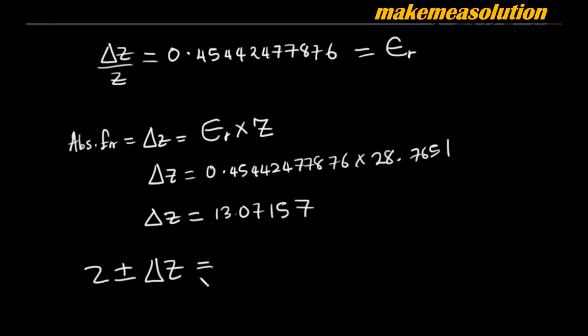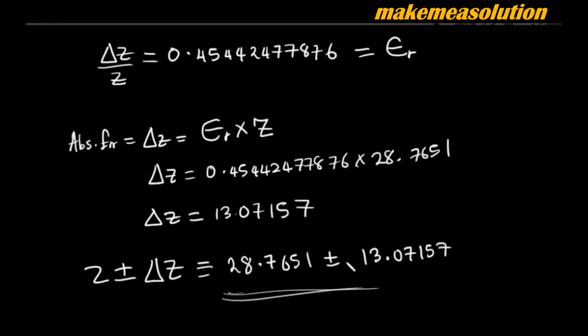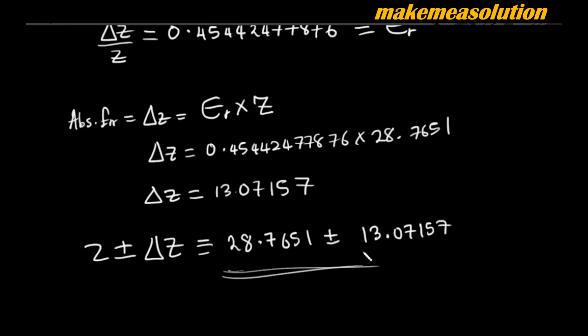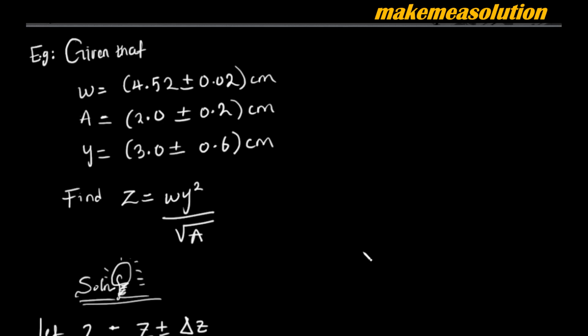So my z plus or minus delta z can be replaced as 28.7651 plus or minus, let me say, 13.07157, thereabout. So this is the evaluation of this long expression we just saw here, using all that we've learned. And if I want to be strict with the evaluation of the units, since all of them are in centimeters, W is cm, then I have cm squared all over cm to the 1/2.